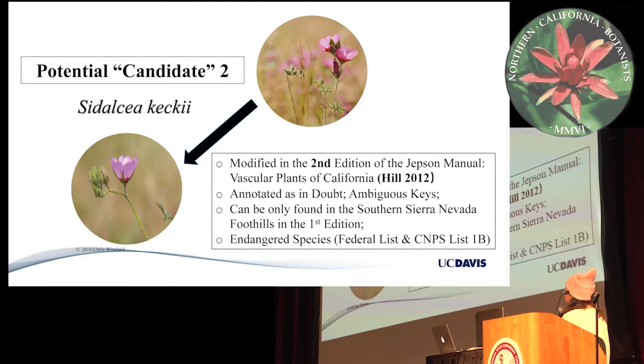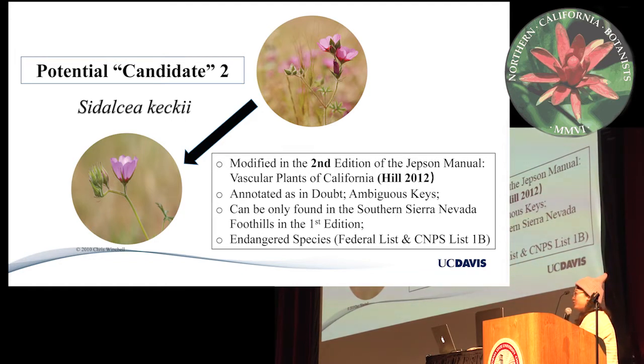However, after Dr. Hill did more careful analysis based on the morphological characters, he changed those Sidalcea populations to Sidalcea, which is another native species. And it was considered to be an endangered species, and it could only be found in the southern Sierra Nevada foothills in the first edition, which is kind of weird.